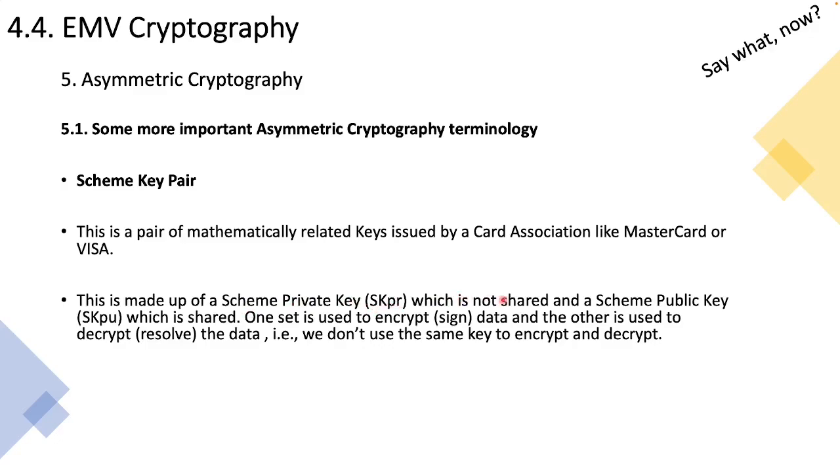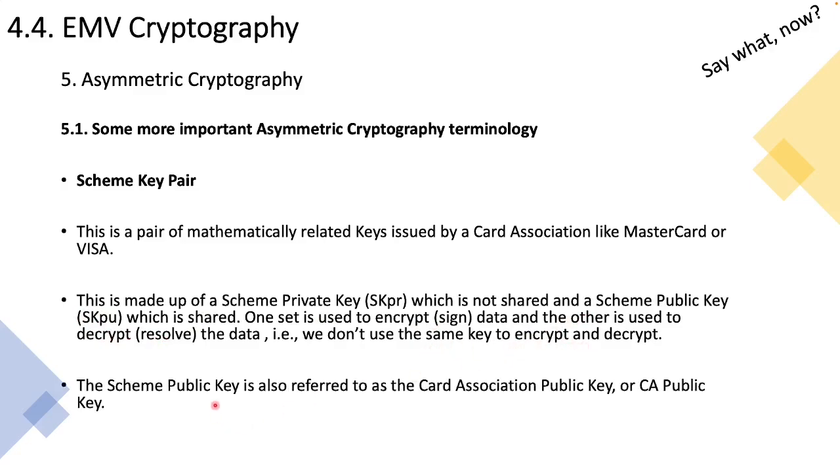This is kept securely on their host systems, and it's never ever distributed to anyone. The second part of this pair is the scheme public key, the SKPU, and this public key is shared. So the private key is used to encrypt or sign data, and the public key is used to decrypt or resolve the data. We don't use the same key to encrypt and decrypt. The scheme public key is also referred to as the card association public key or the CA public key.